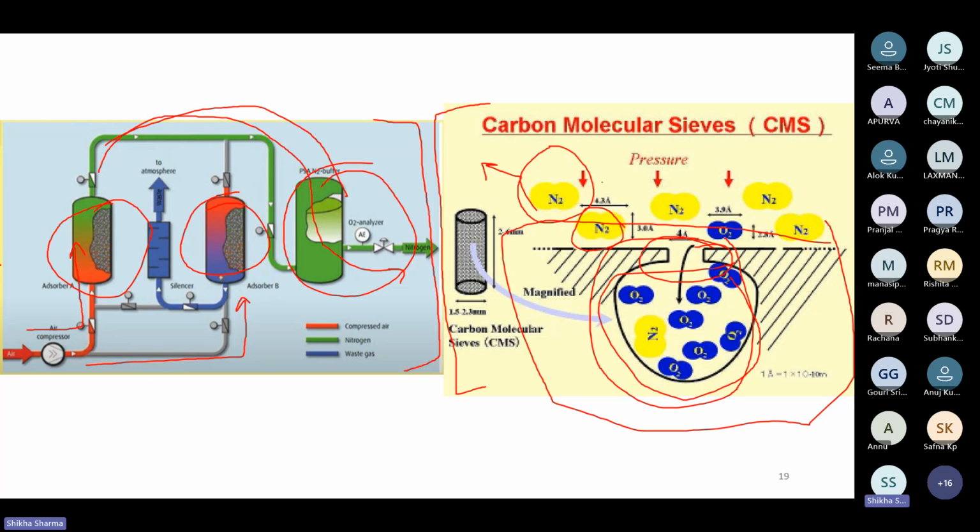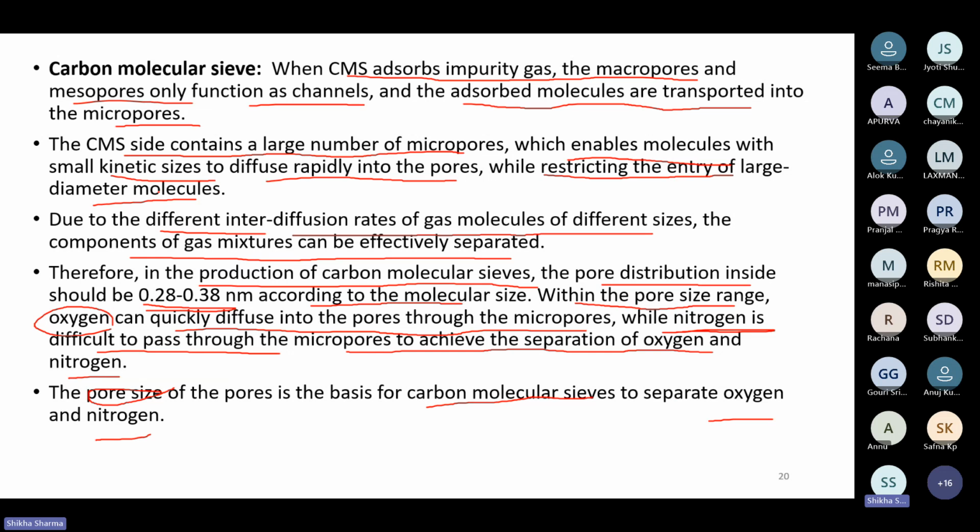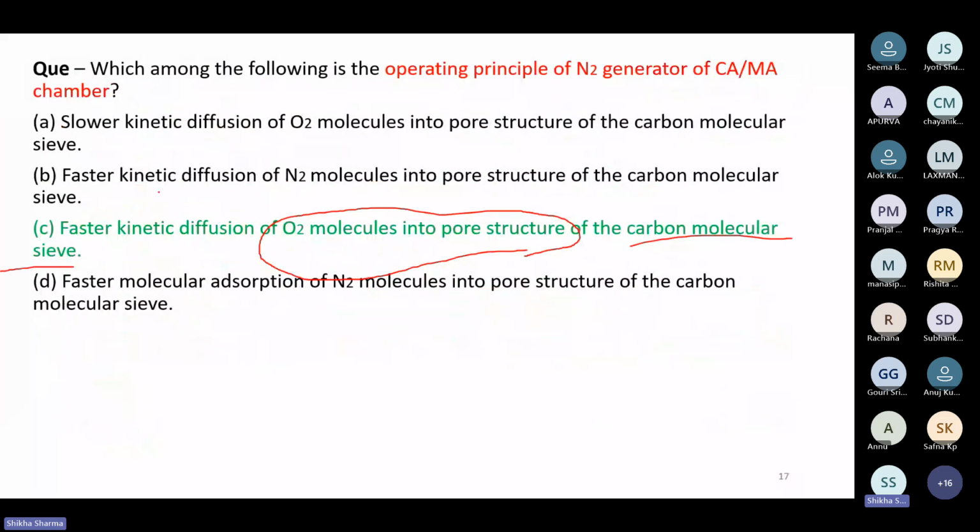And if the pore size is very small, then neither oxygen nor nitrogen, none of the gas components, can go inside the pore. So there should be an optimal pore size in the carbon molecular sieve to separate oxygen and nitrogen. So option C is correct: there should be a faster kinetic diffusion of oxygen molecules into the pore structure in the CMS. Is this question clear?